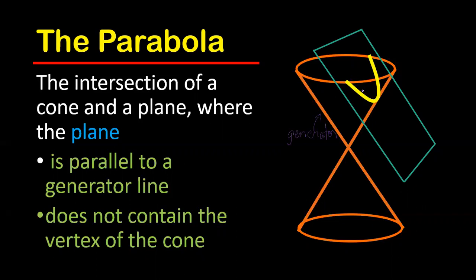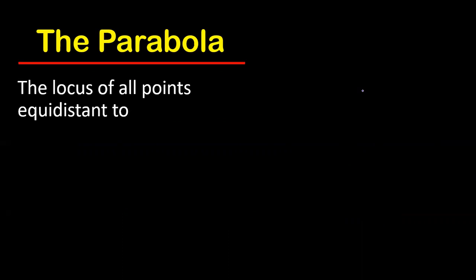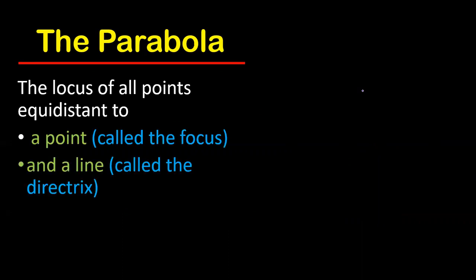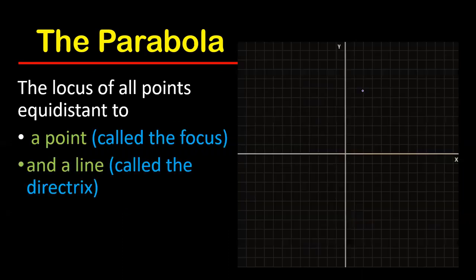Now, the parabola is also defined as the locus of all points equidistant to a point and a line. The point is called the focus and the line is called the directrix.